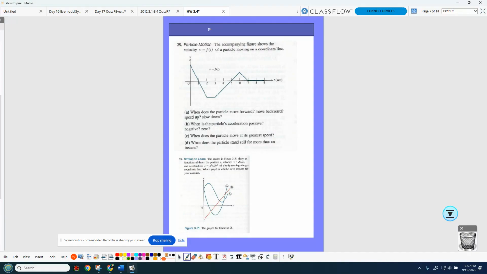Are you guys okay with 25, which is, when is it moving forward, when is it moving backward? Given this graph, when is the particle moving forward? When y is positive, or velocity.